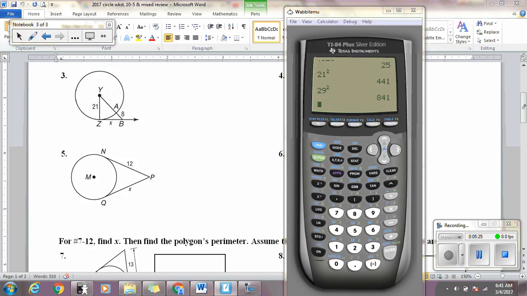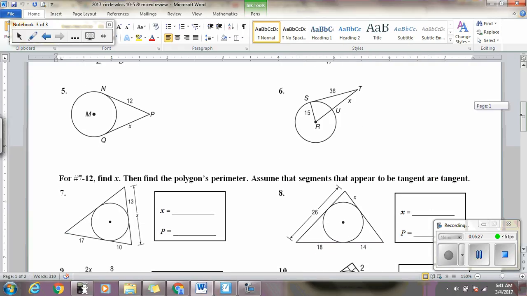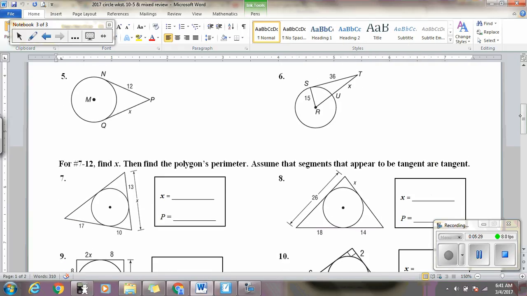All right, on number 5, we're using a slightly different theorem. We know that PN is tangent to circle M as well as PQ, and they both intersect at point P outside the circle. So that means that these two segments, PN and PQ, are congruent.